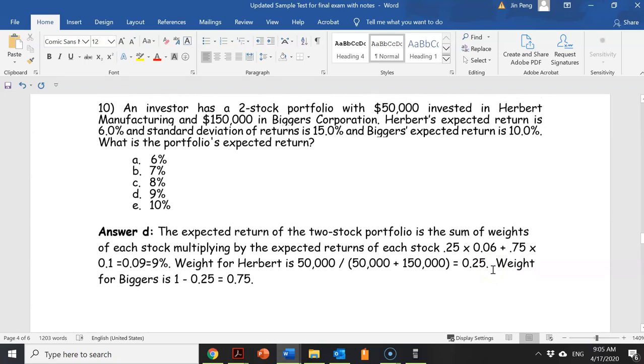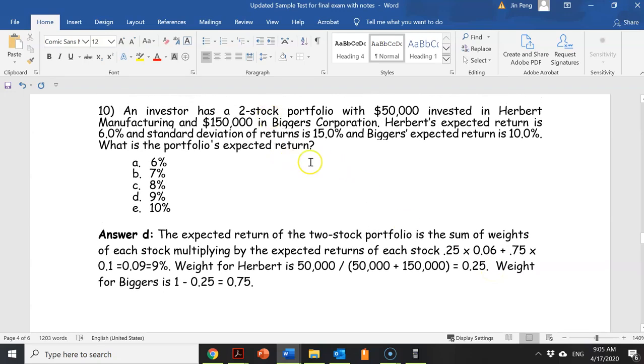So in this question, we know the expected return for the 2 stocks. We need to calculate the weight for each stock. Okay, for Herbert Manufacturing, the weight should be the $50,000 we invest in this stock divided by the total capital we invest in the portfolio, which is 50,000 plus 150,000.